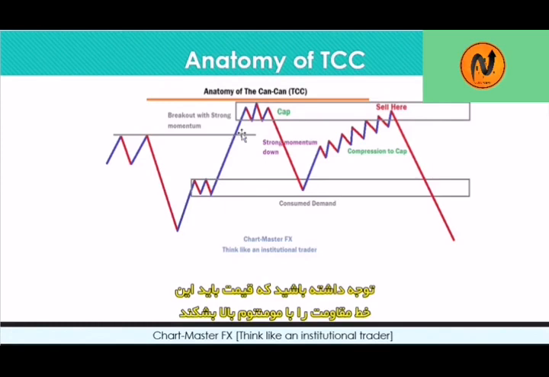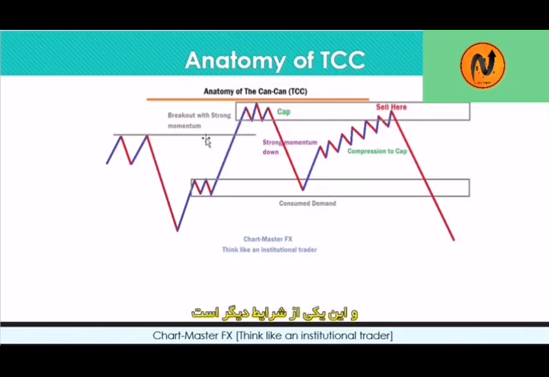Take note that as the price breaks this resistance, it should break it with strong momentum. That's another condition. If this resistance is not broken, then the conditions of the TCC will have been violated. So you have to wait for the market to break this resistance line.